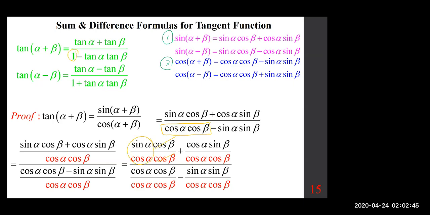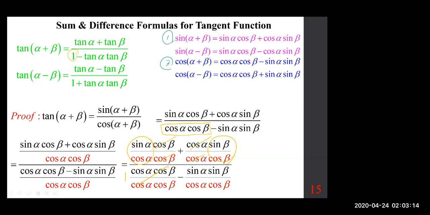What is this, everybody? Tangent alpha. Very good. These two cancel each other. What is this one? Tangent also. Very good. Tangent of beta. This whole thing changes to number 1, doesn't it?